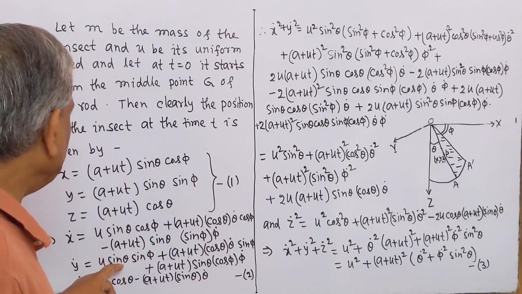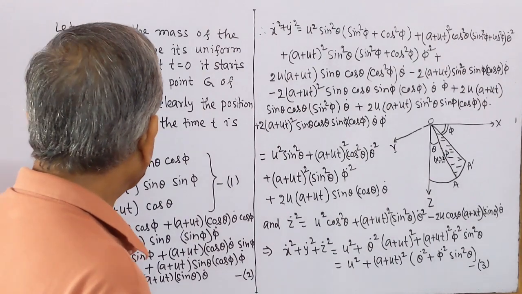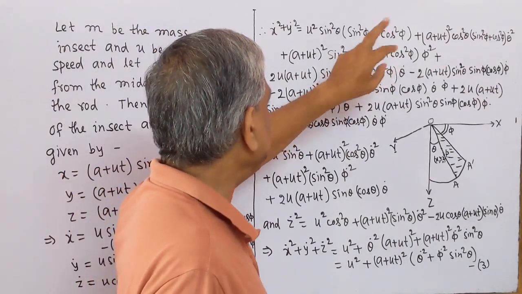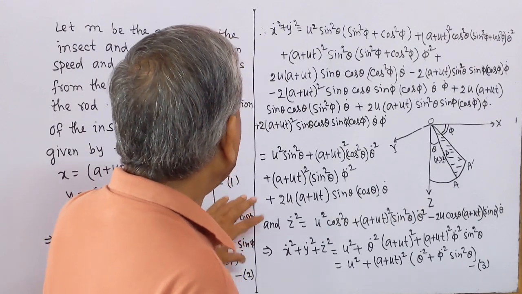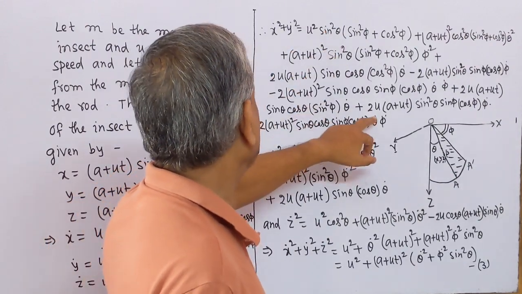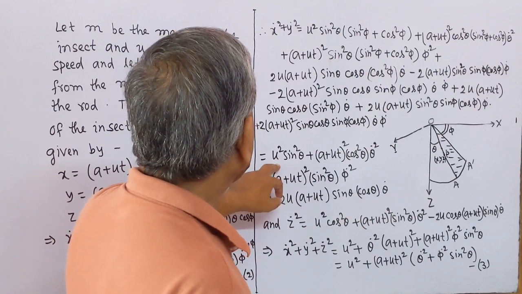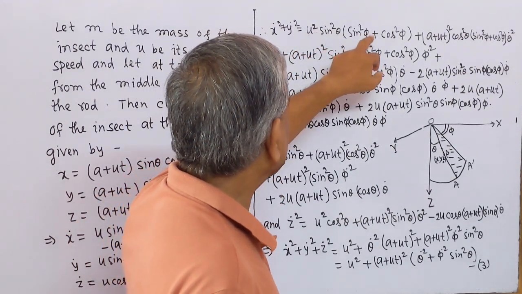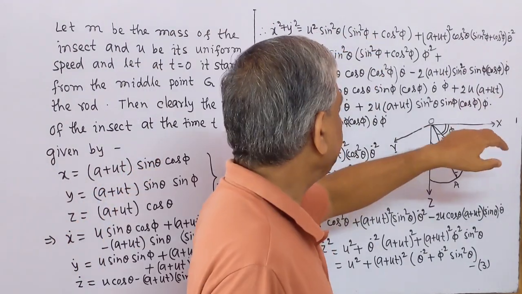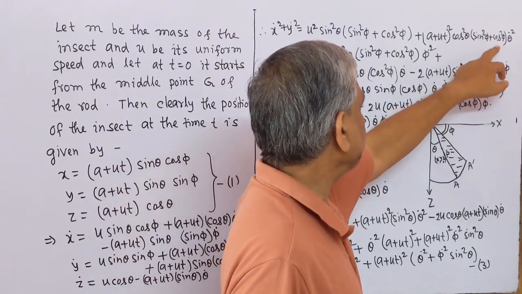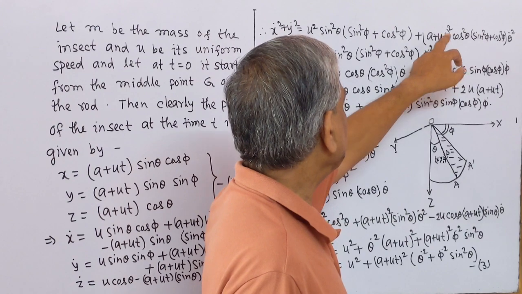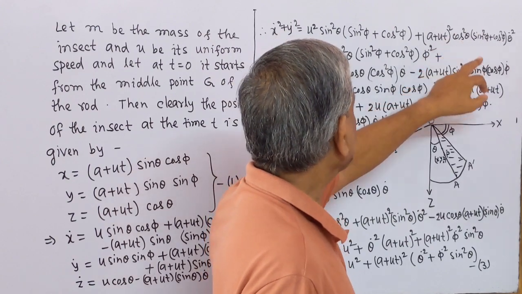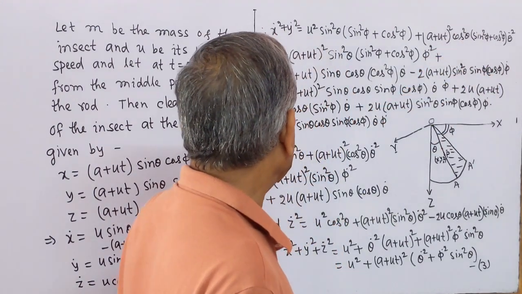We take common u square sin square theta, so there remains cos square phi plus sin square phi. Similarly, we get other terms here. Here we get u square sin square theta, this is 1. Here sin square phi plus cos square phi is 1. So there remains (a plus ut) whole square cos square theta theta dot square.